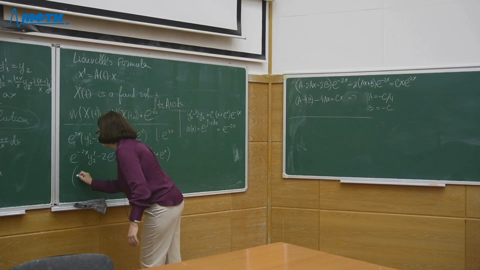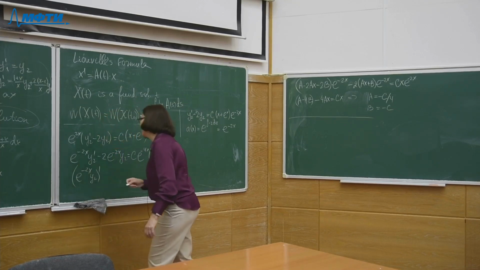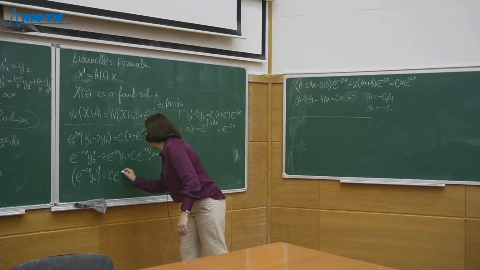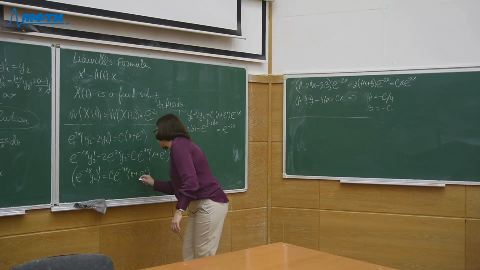Then it is (e^(-2x) y2) prime equals c e^(-4x) x plus e^x.